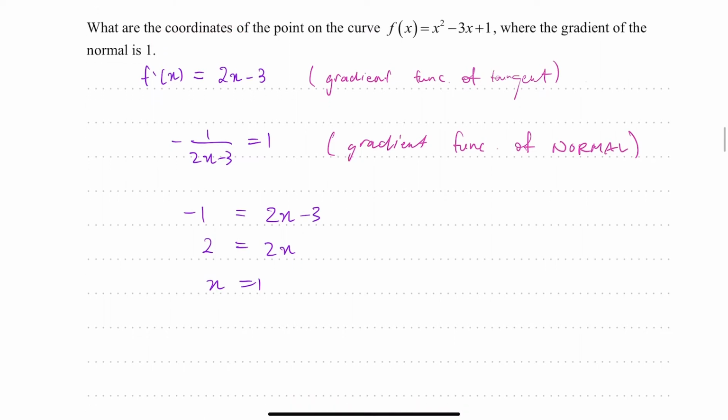So we have the x coordinate, and we need to sub it into f(x) to find the y coordinate. f(1) equals 1 squared minus 3 times 1 plus 1, that's -1. So therefore (1, -1) is the coordinate.